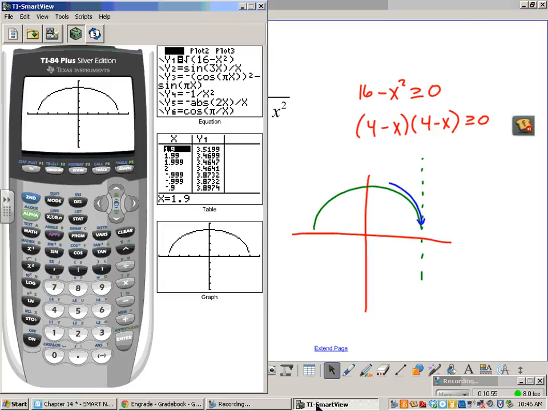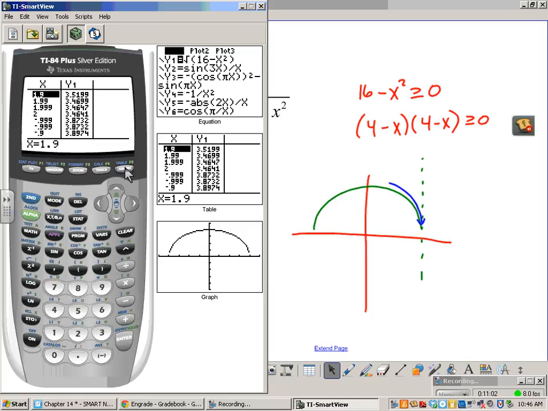All right, let's go over here and enter 3.9, 3.99, and 3.999, and then we'll go ahead and enter 4.